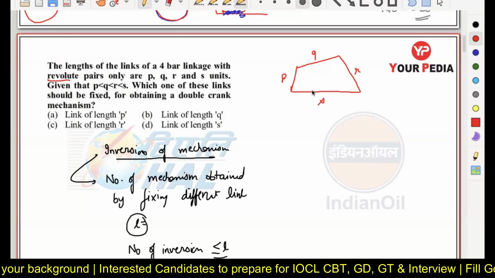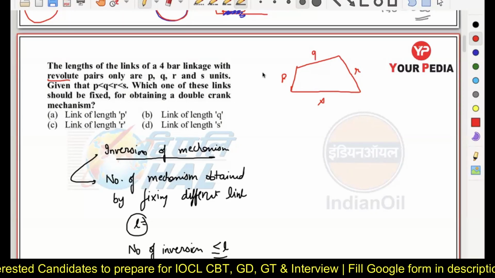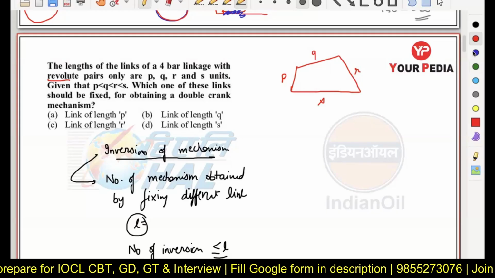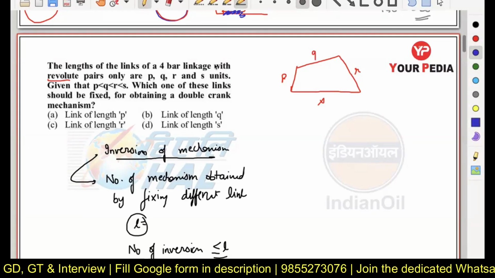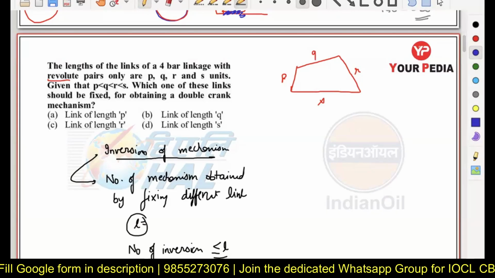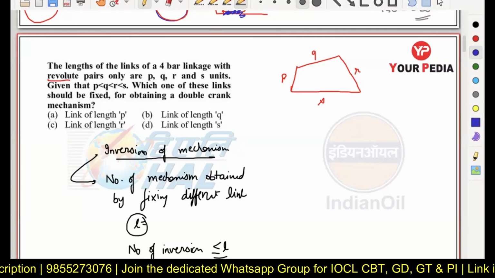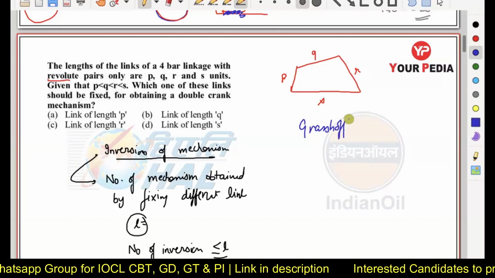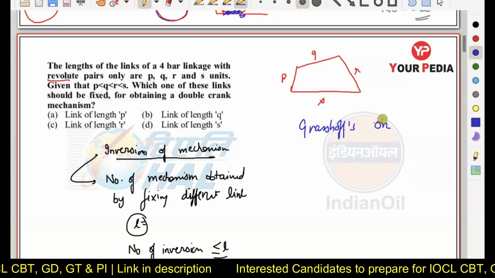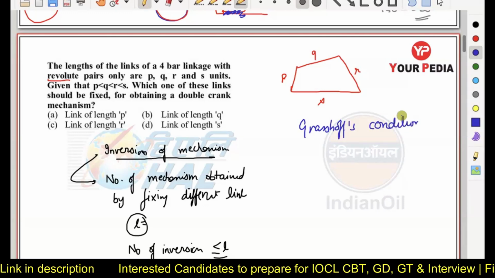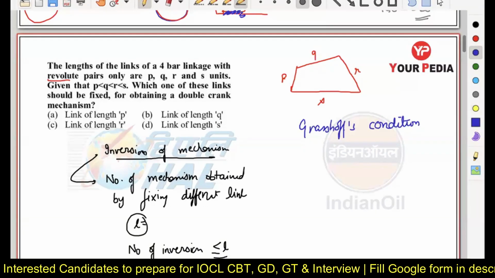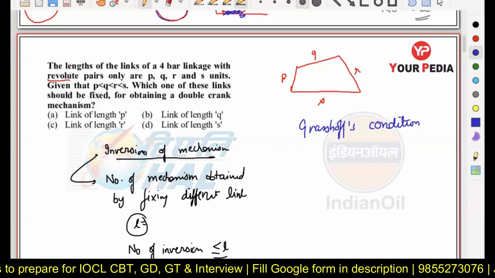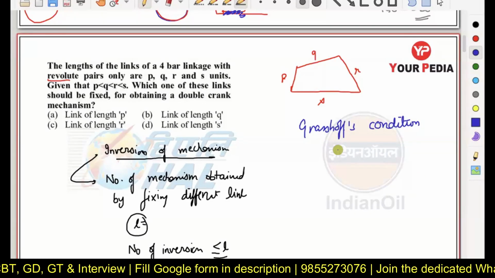Now, how can you find out which type of inversion is going to be met? For that, first of all, we have to check the Grashof condition here.